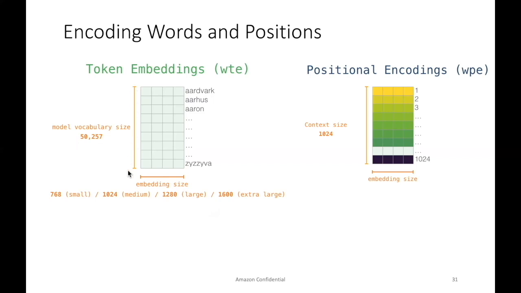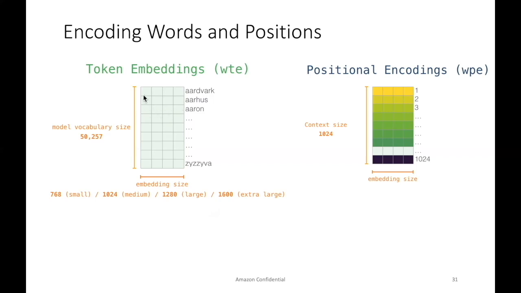It will be that many rows, and the embedding size, which is the number of columns in the table, will denote what size of hidden state, or how many embedding numbers, we want to use for each word. So for example, here one word will be represented by this many columns. This will have basically arbitrary numbers which will be trained during the model training, and they will begin to represent the word as the model is trained further and further.